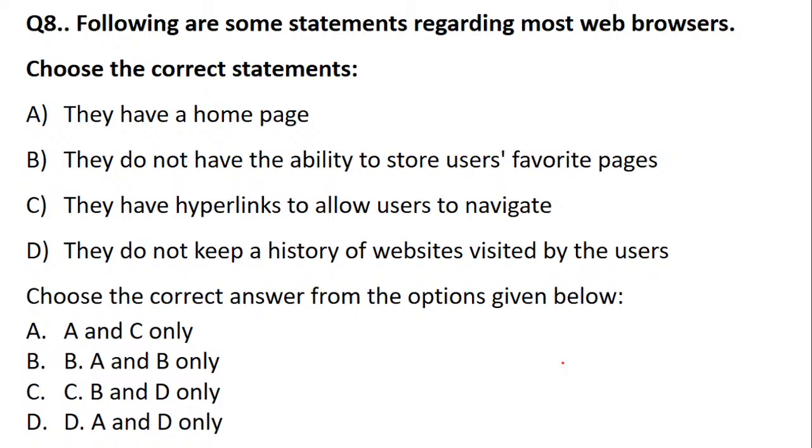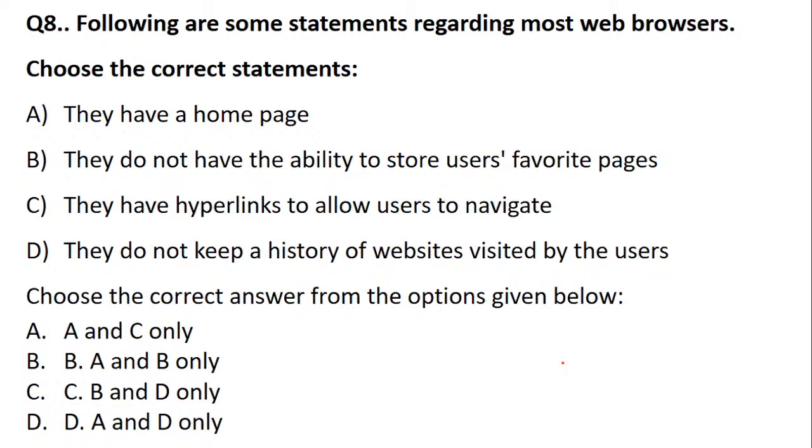Following are some statements regarding most web browsers. That is, regarding web browsers, you have to choose the correct statement. Is it they have a home page, they do not have the ability to store users' favorite pages, they have hyperlinks to allow users to navigate, they do not keep a history of websites visited by the users.